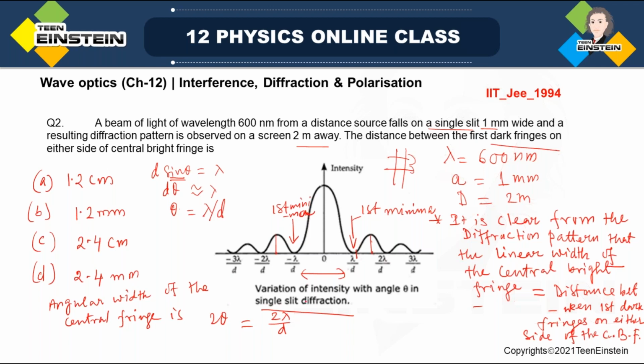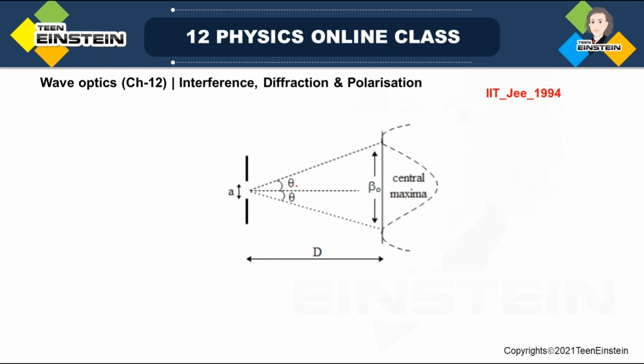Now we have got the angular width 2 theta, and this is beta, the linear width of the central fringe.